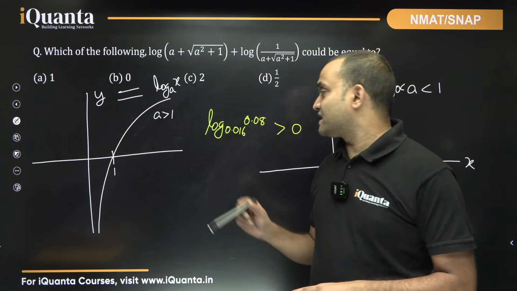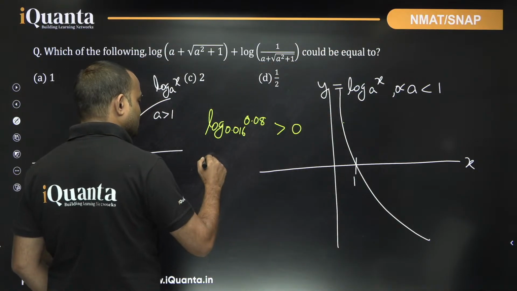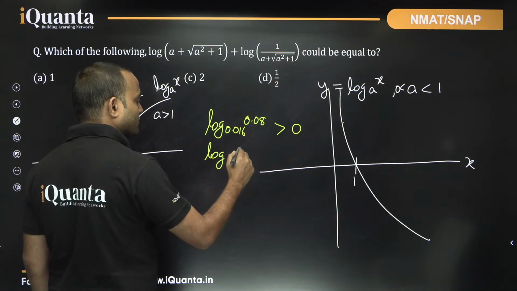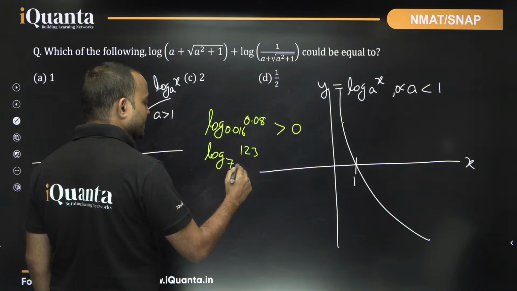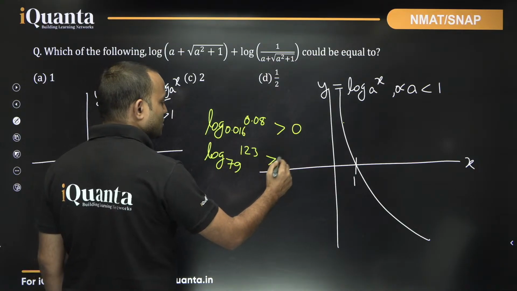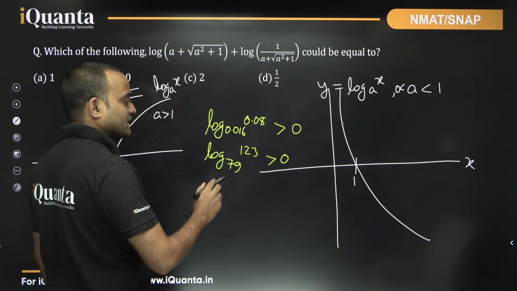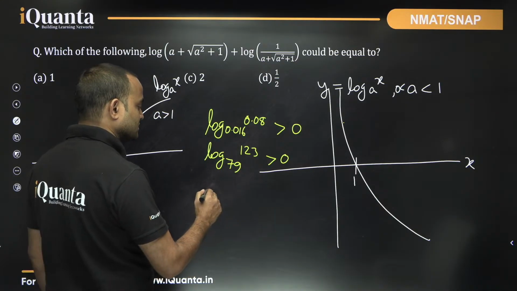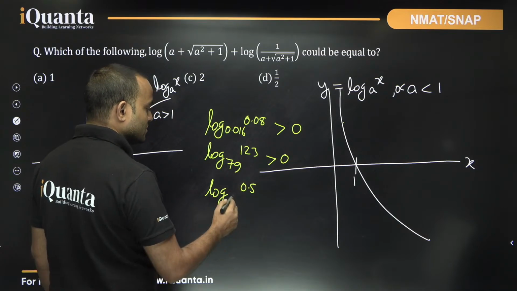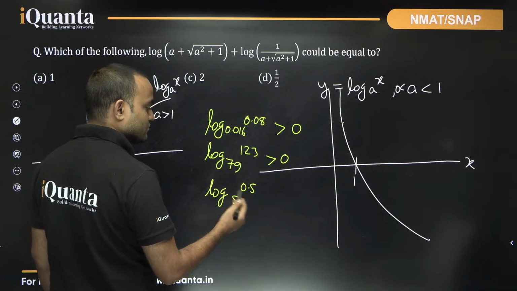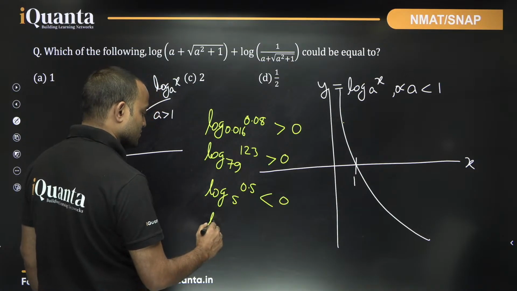If both the values are greater than 1, like what will be the value of log of 2 to the power 70 to the base 79, this will also be positive. In fact, this will be greater than 1 as well. But if one value is less than 1 and one is greater than 1, log 0.5 to the base 5 will be less than 0.